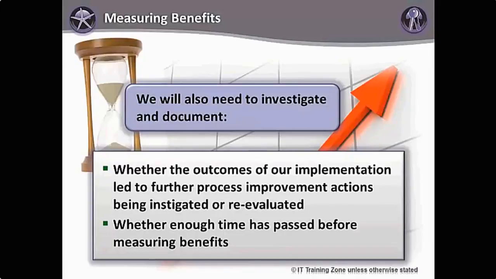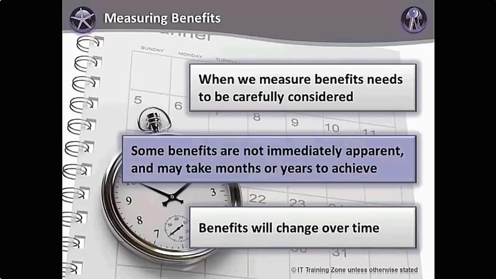We also need to investigate and document whether the outcomes of our implementation led to further process improvement actions being instigated or reevaluated, and whether enough time has passed before measuring the benefits. The timing of when we measure benefits needs to be carefully considered.